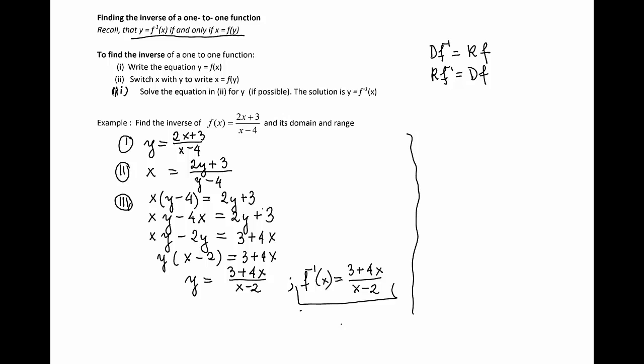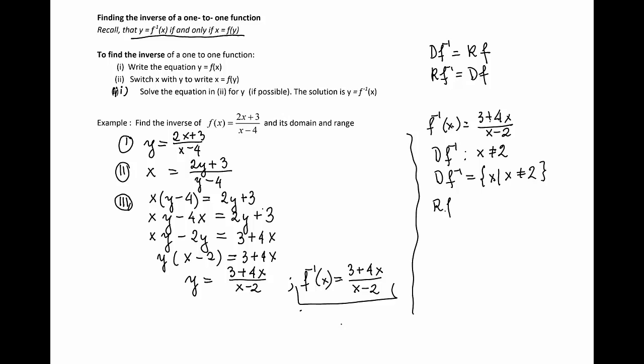So if the function f inverse is (3 plus 4x) over (x minus 2), the domain of that function is clearly everything except 2. So the domain of that function is the set of all x's such that x is different than 2.